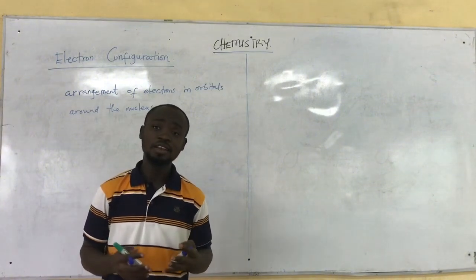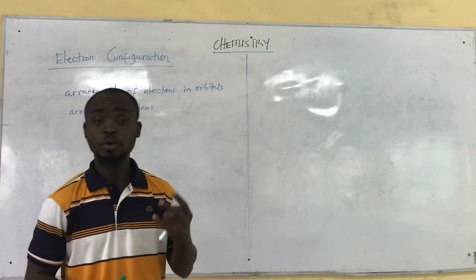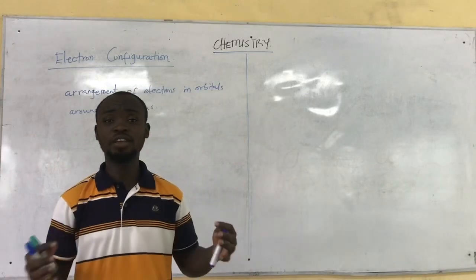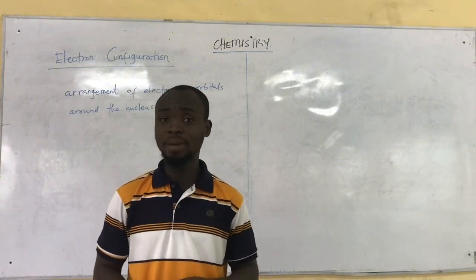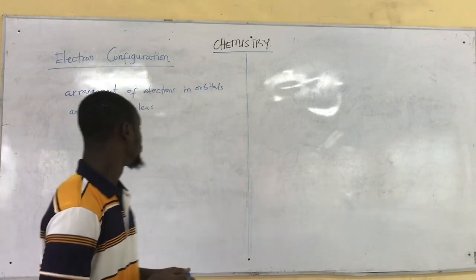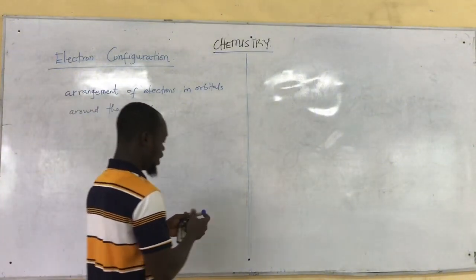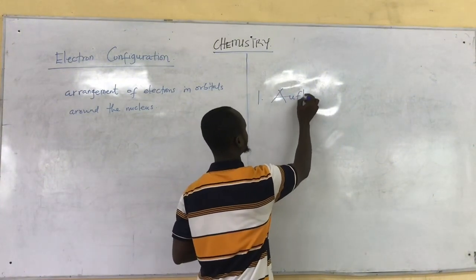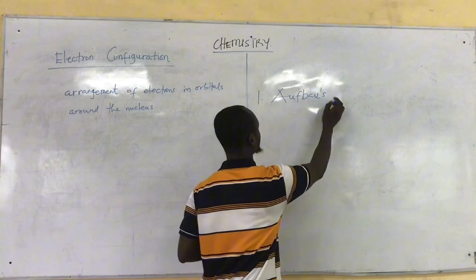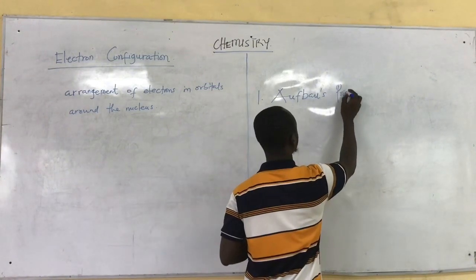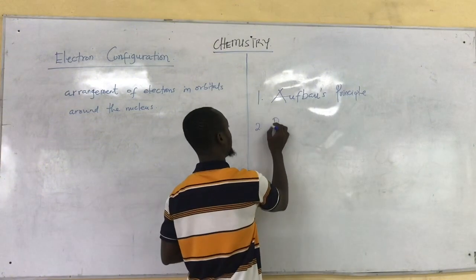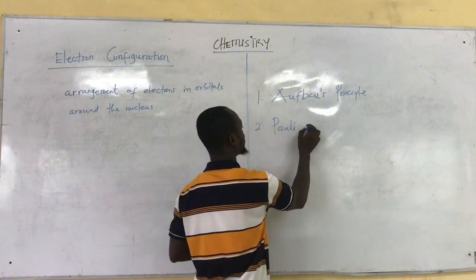We have one, the Aufbau principle. We have two, the Pauli exclusion principle.